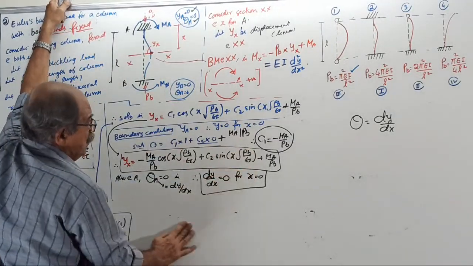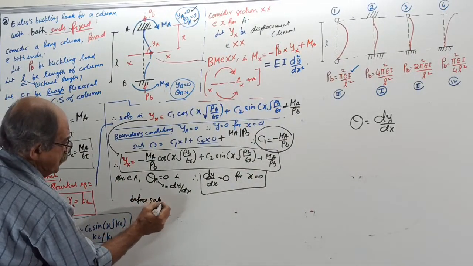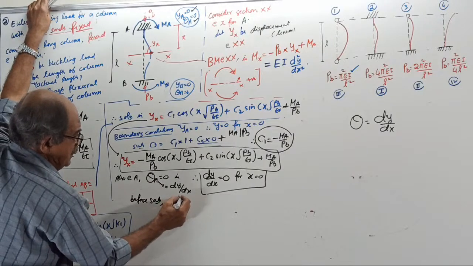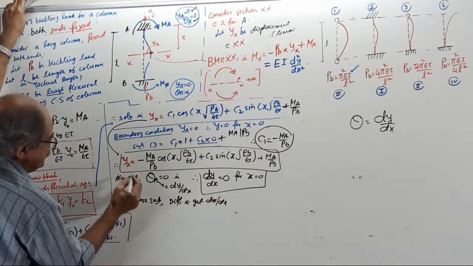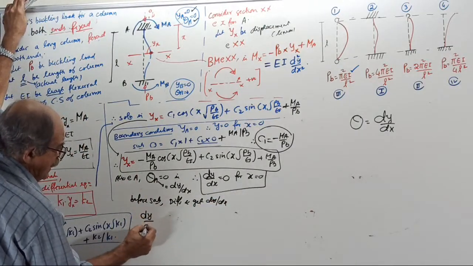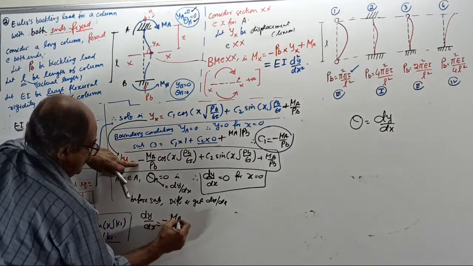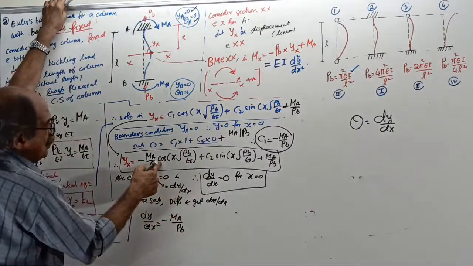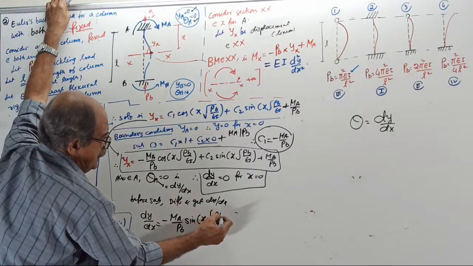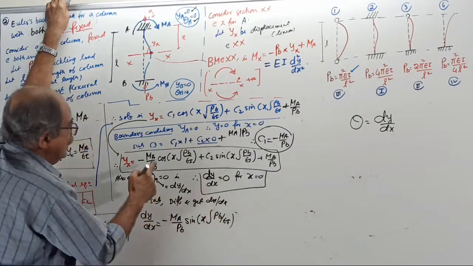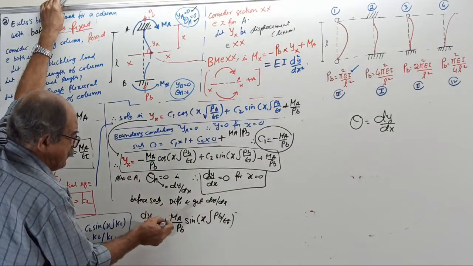Before you substitute, what you have to do? First differentiate and get dy by dx. Differentiating, you get dy by dx equal to minus MA by PB, cos will become sine of x root PB by EI. Actually, when you differentiate cos, it becomes minus sine, so this minus will become plus.